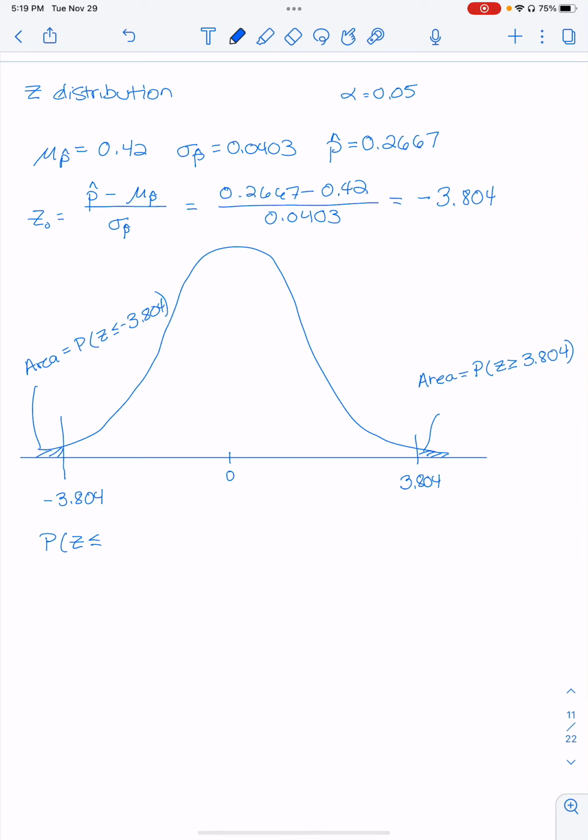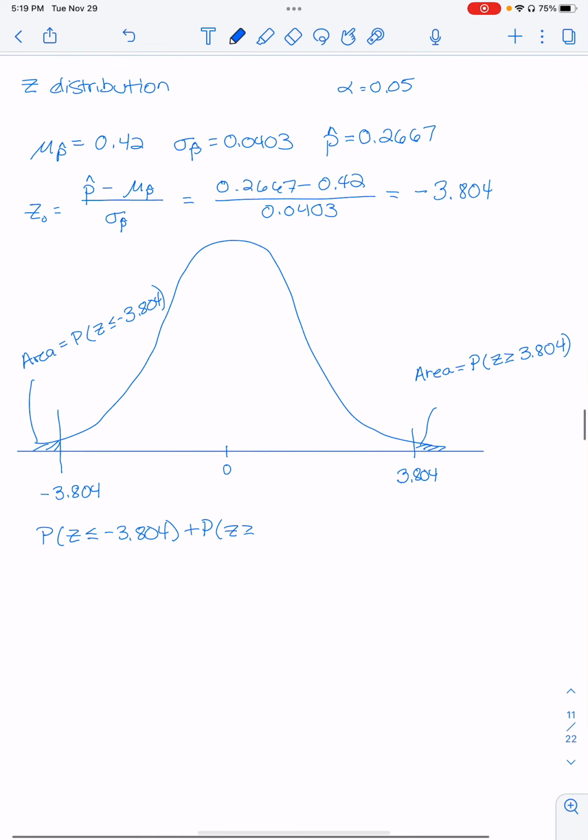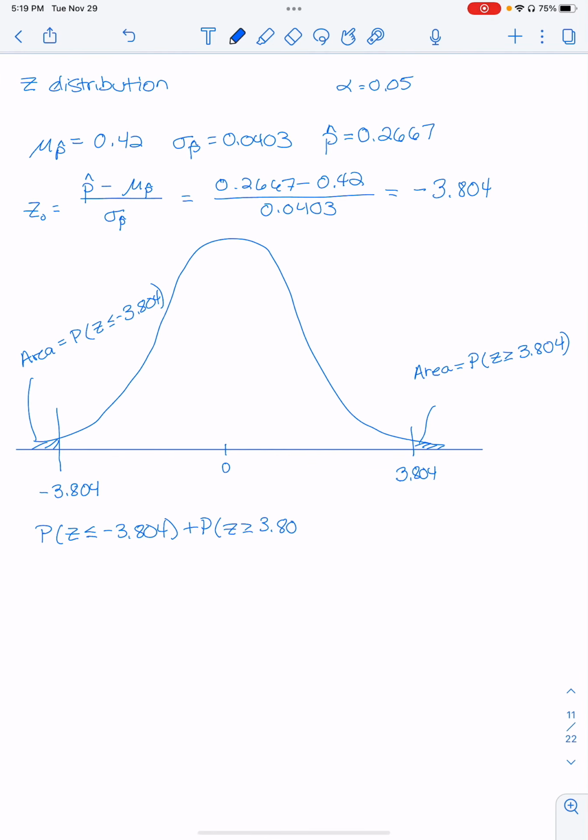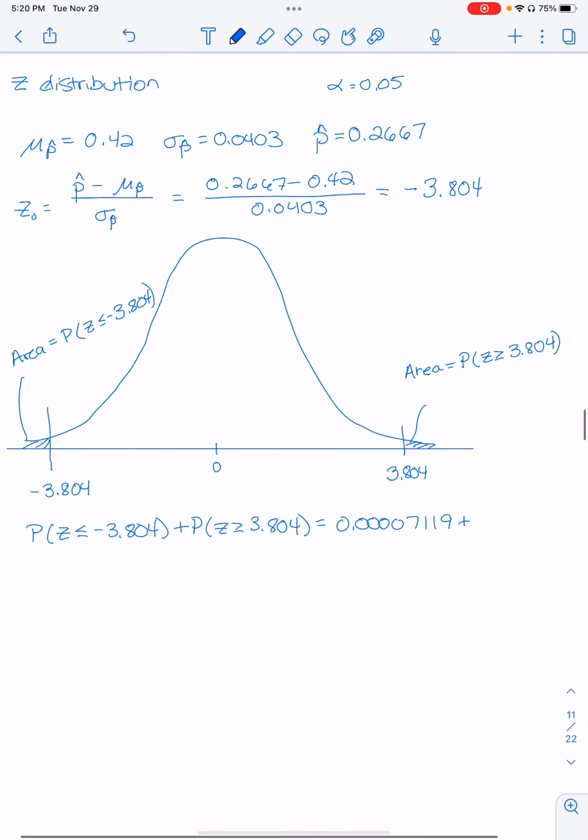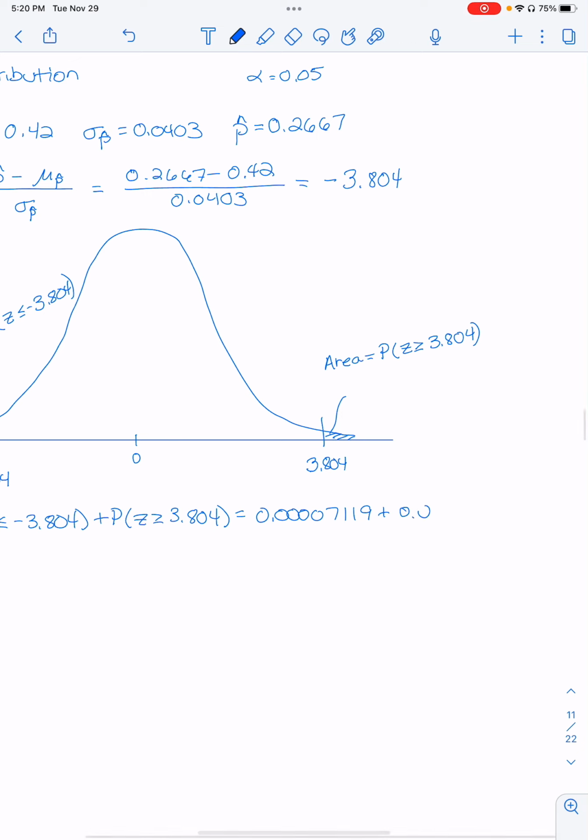So P, the z-score is less than negative 3.804, plus the probability that the z-score is greater than or equal to 3.804, is equal to 0.0000719 plus the same thing again, 0.0000719.